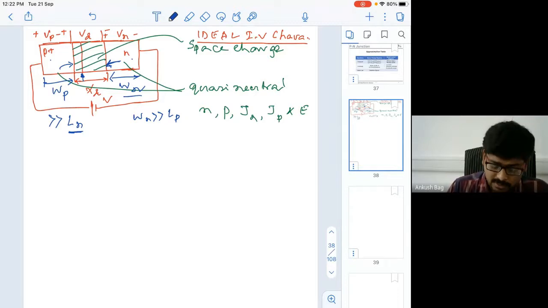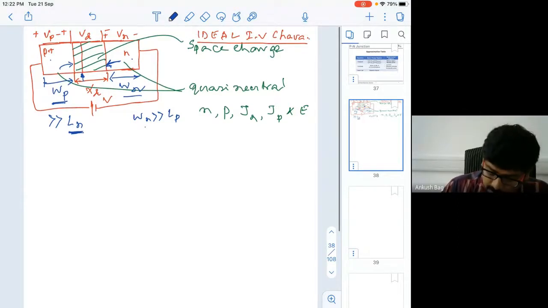We have seen how all these carriers have thermal energy, and due to this thermal energy they can diffuse from high concentration region to low concentration region, and due to the reduction of potential barrier. So this particular concept we have seen. That is why under this forward bias condition we are considering the diffusion length of electron Ln when you're considering the width of the P region. So this width of the P region should be sufficiently large than Ln, and width of N region should be sufficiently large than Lp. So this is another assumption.